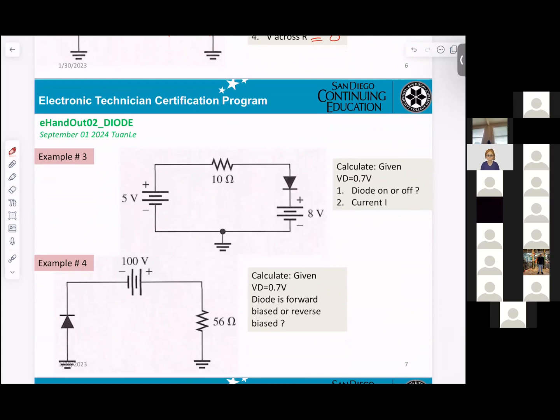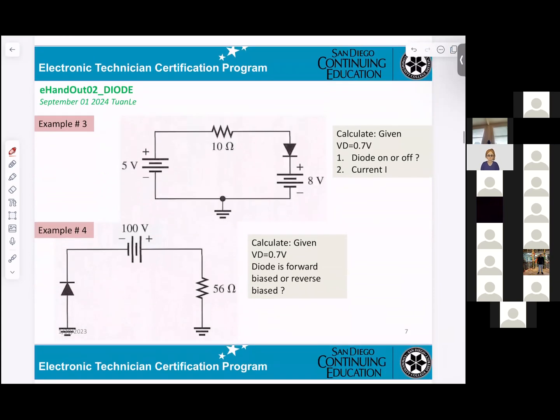Now you have to help me solve the problem. Example number 3. Number 1, diode on or off, and current I. Current I means the current flow here.